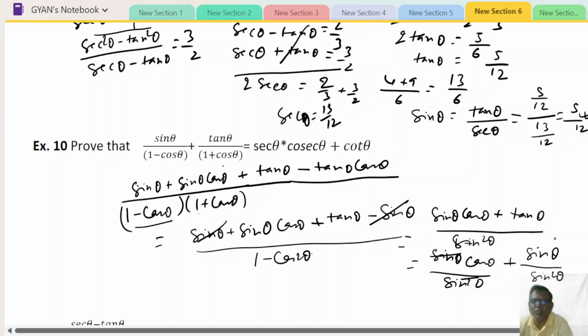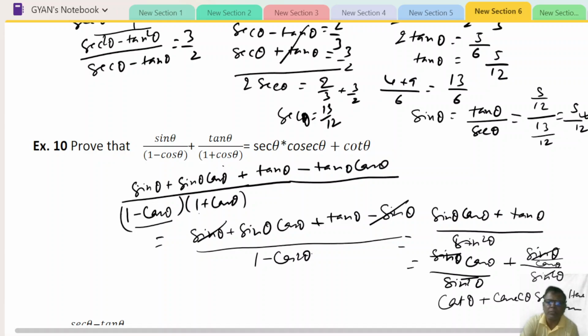Tan theta, what you can write is sin theta by cos theta. One sin theta, one sin theta gets cancelled. This is cot theta, and this is cosec theta, and 1 by cos theta is sec theta. Hence proved. Now come to the next question.